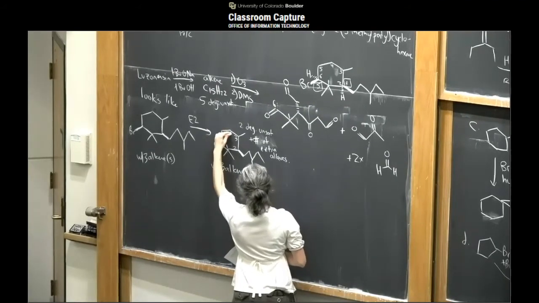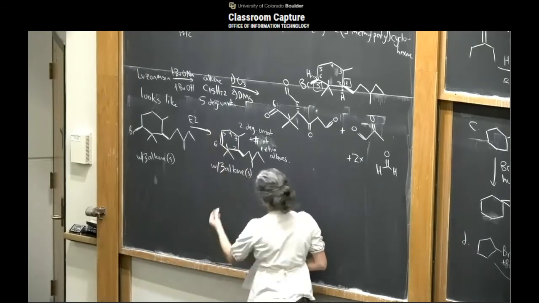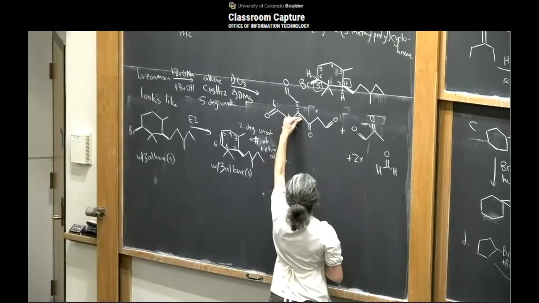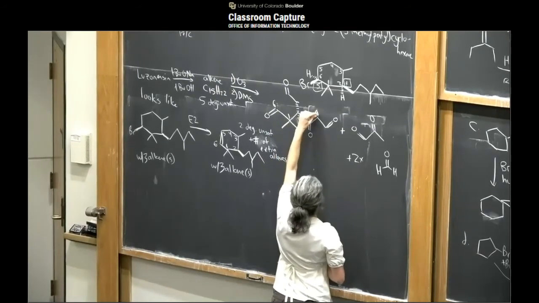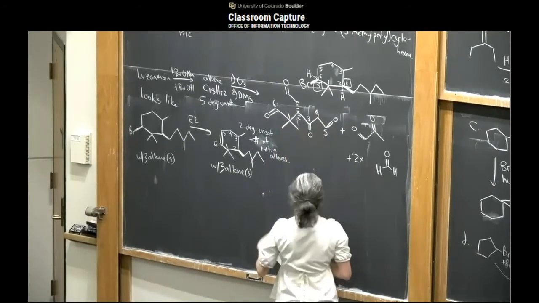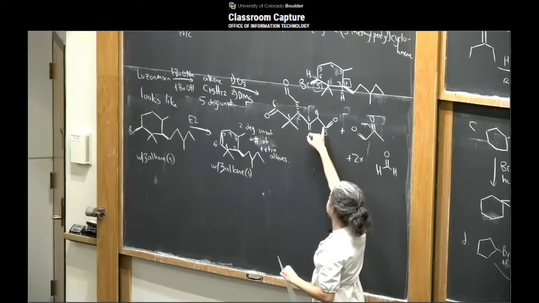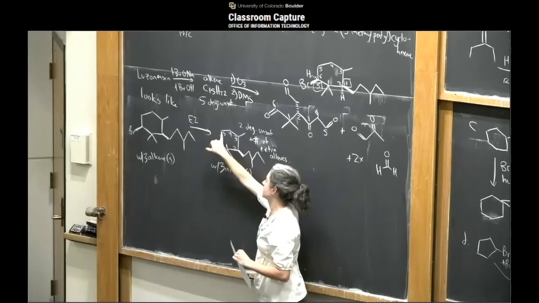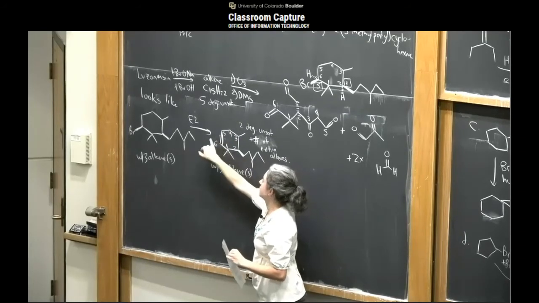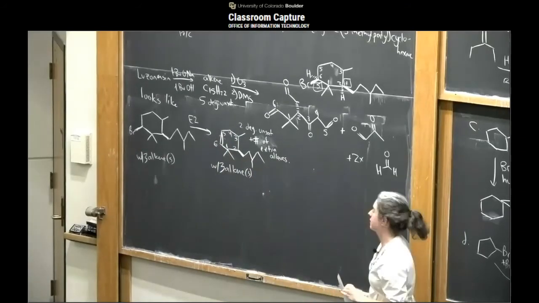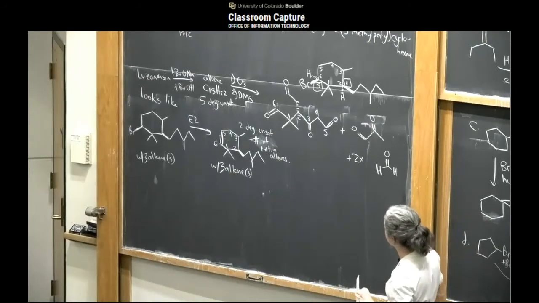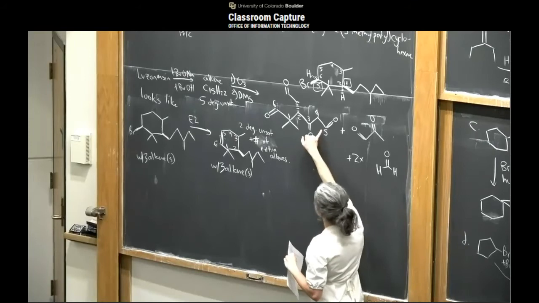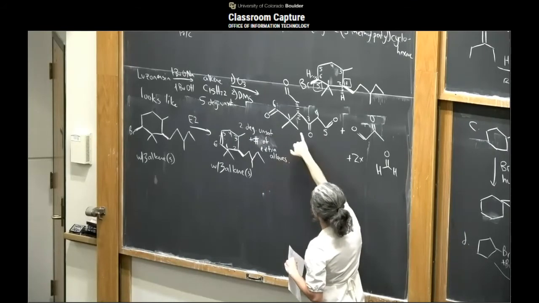Let's just go around the ring and number them all while we're here. Okay, so we got 1, 2, 3, 4, 5, 6. So 1, 2, 3, 4, 5. And then 5 should also end up with a carbonyl on it because when this double bond got ozonolyzed, it cut up the 5-6 bond. Okay, so we've identified the forensics of what this thing looked like before we hit it with ozone.